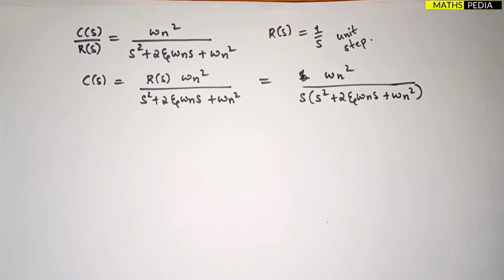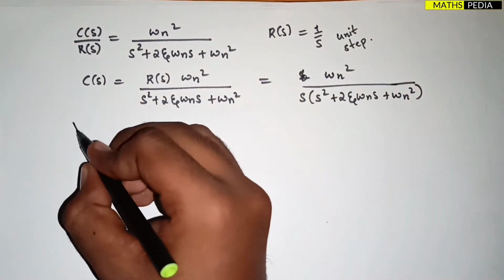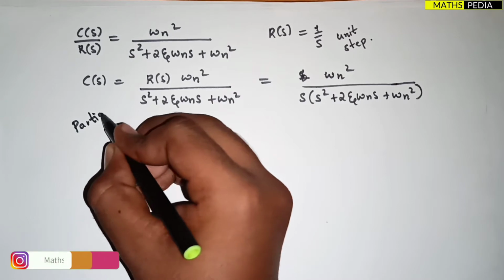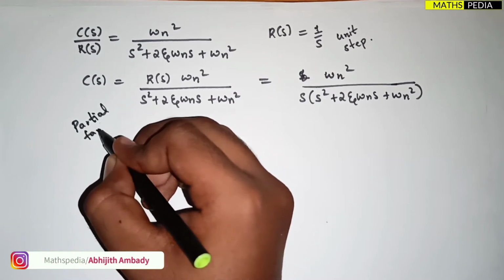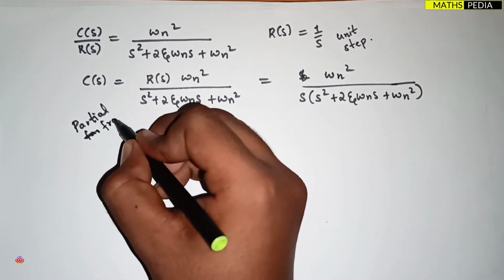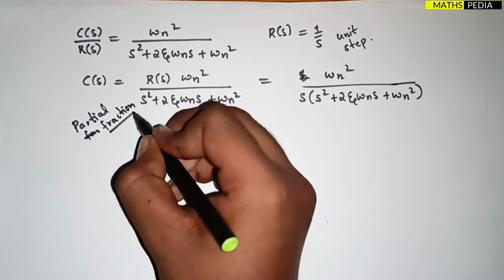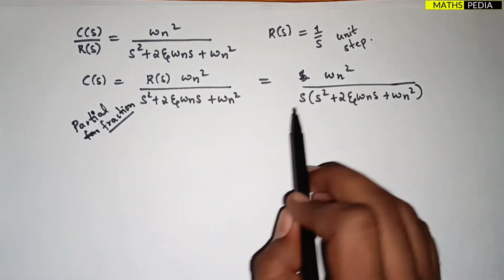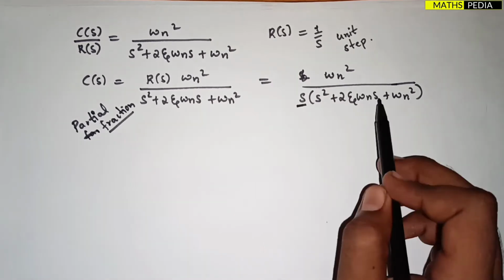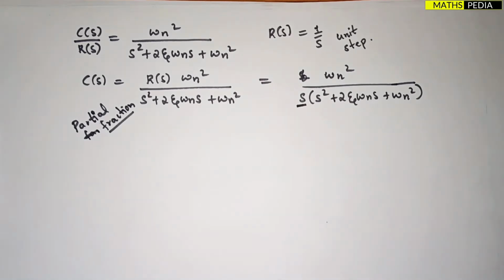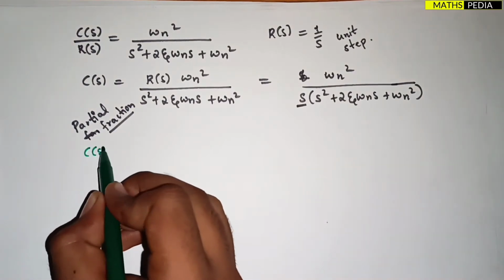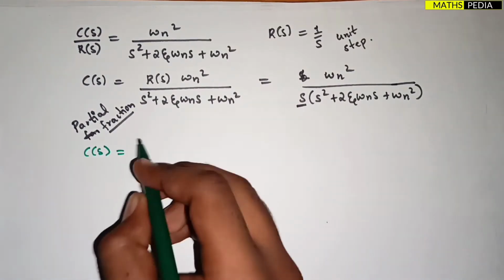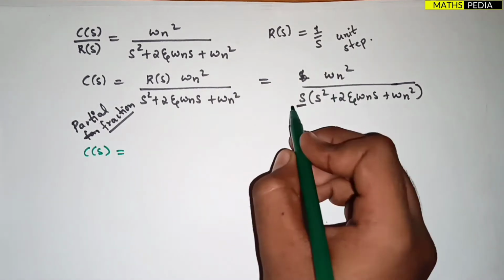Now the next step is that you have to go for the partial fraction method. In partial fraction, as you have studied, we have linear factors. This one is linear, this one is quadratic. So how can I form that? C of s will be equal to, carefully see, omega n square by s into this part.